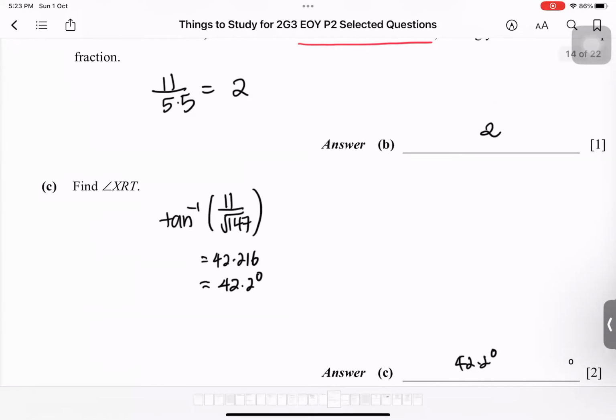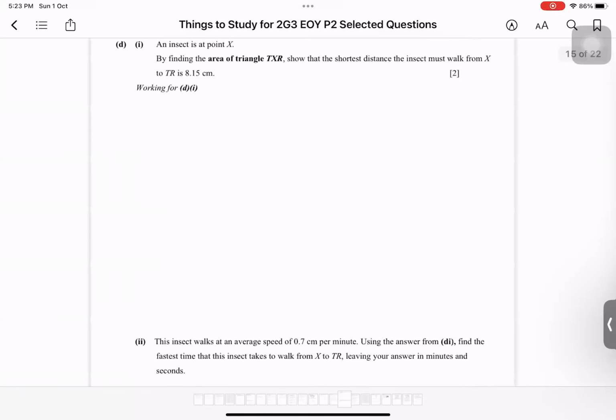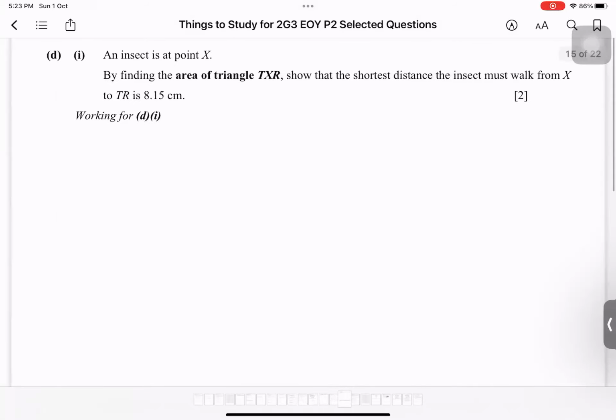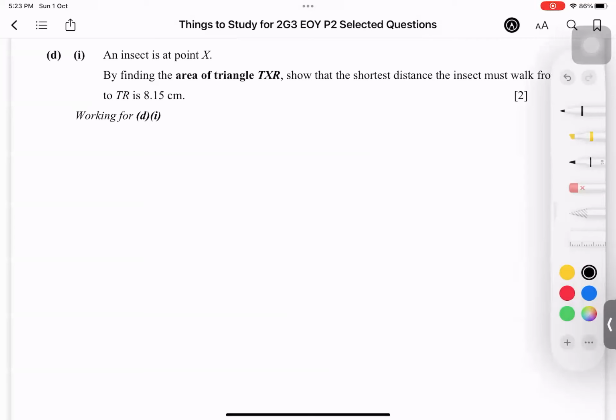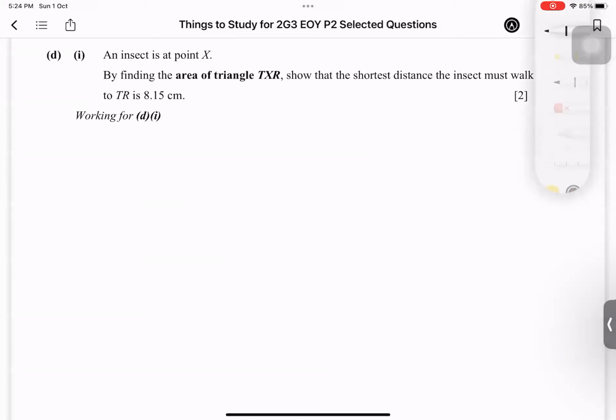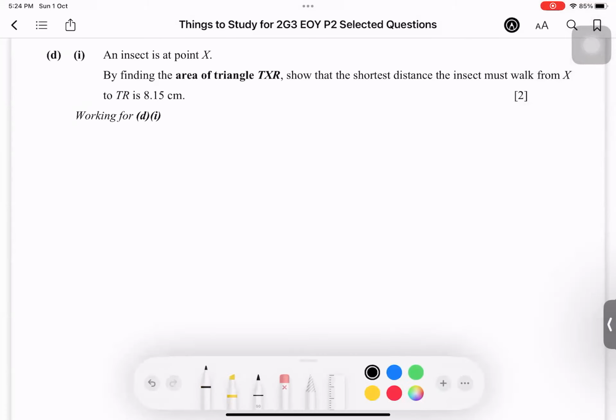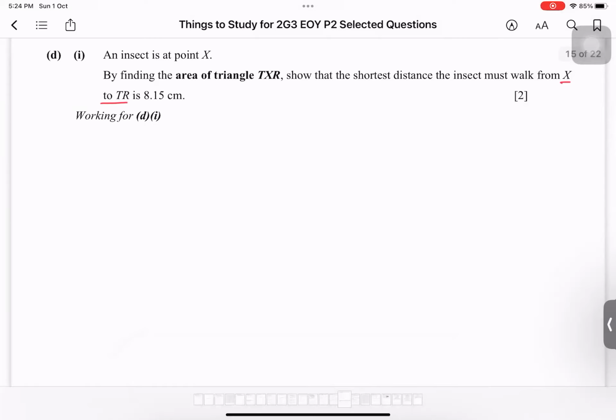Okay, next question. It said it's at point X, and just now I drew already. By finding the area of triangle TXR, show that the shortest distance the insect must walk from X to TR. Where's X to TR?